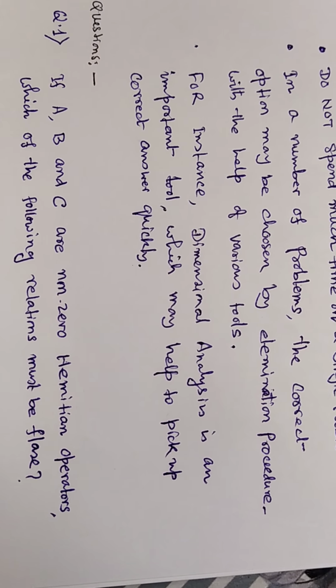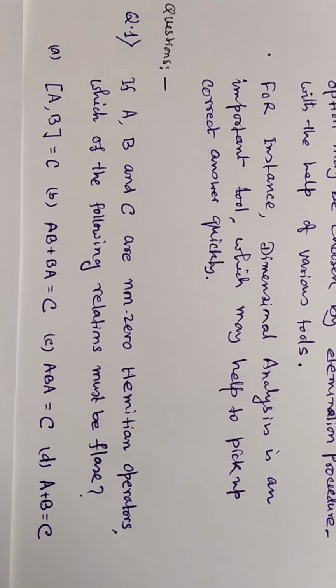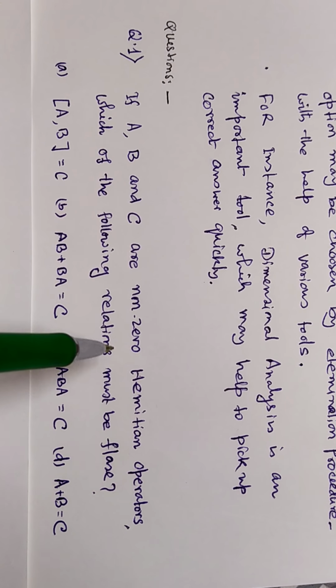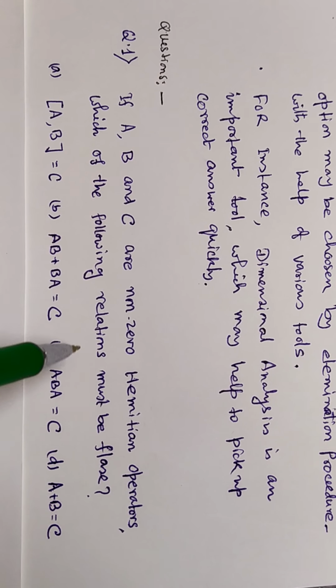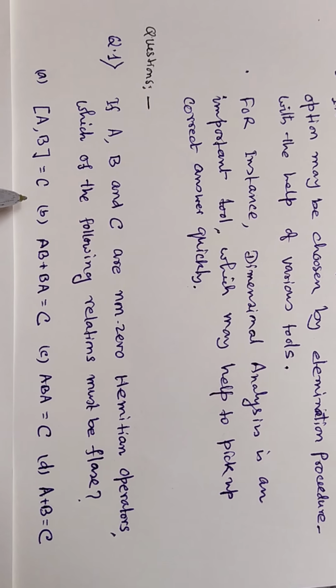First, I pick up a problem which says that if A, B and C are non-zero Hermitian operators, which of the following relations must be false? You see the relations that they have given.